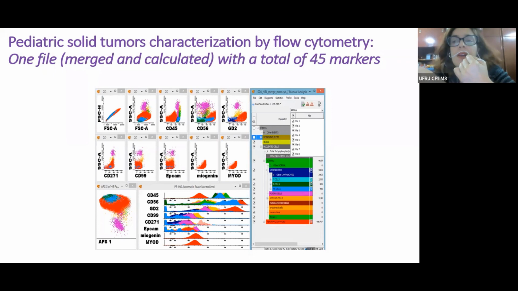Further, we used the nearest neighbor technique, which can calculate how an event in one tube should look in the other tubes if it had been stained with the other antibody combination. So at the end, we have all parameters for all events of our tumor cells in one sample.